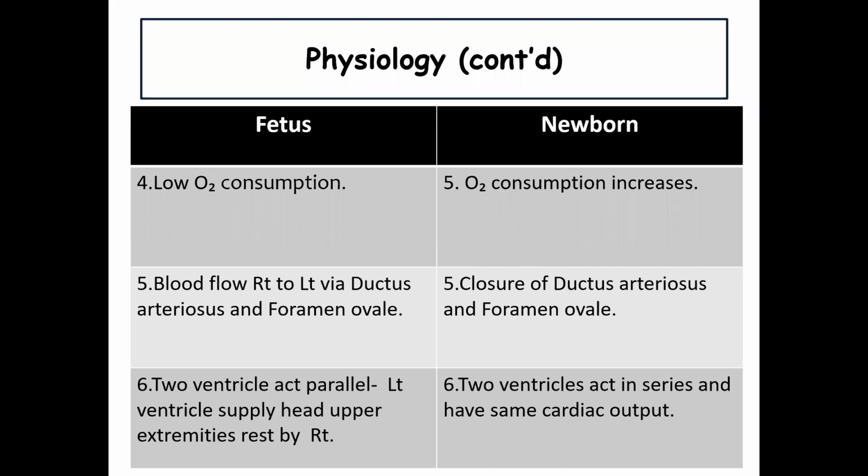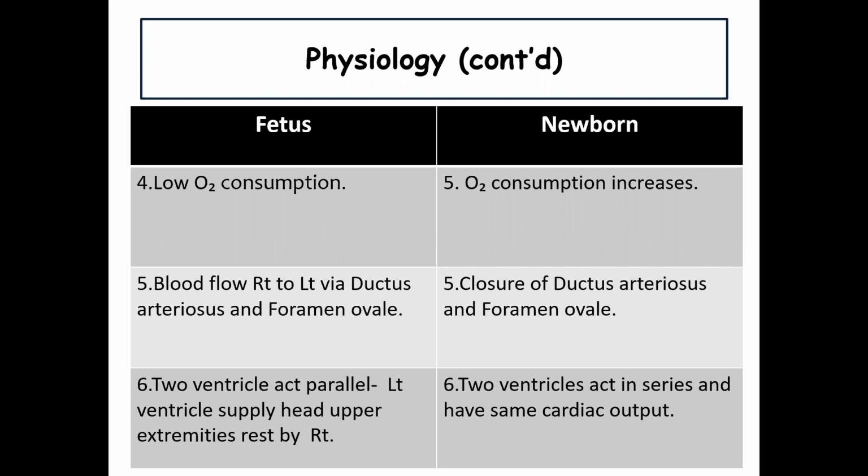So the average aortic saturation in the fetus is just as low as 45%. And the fetus is able to survive in this relatively hypoxic environment because of the low oxygen consumption. Whereas in the neonate, the placenta is snapped off from the baby and hence the oxygen consumption increases.